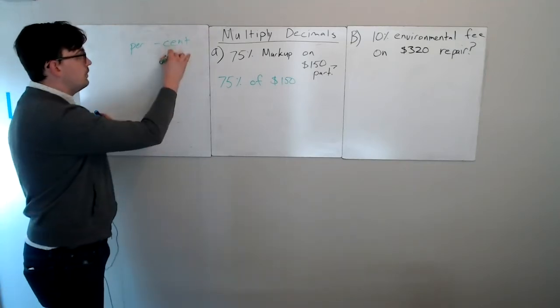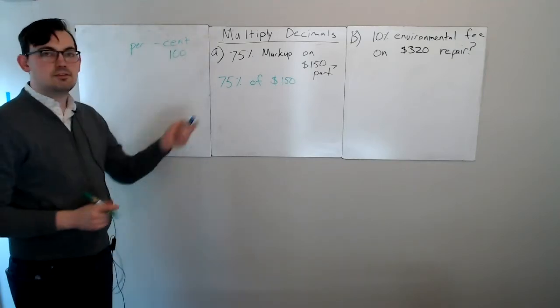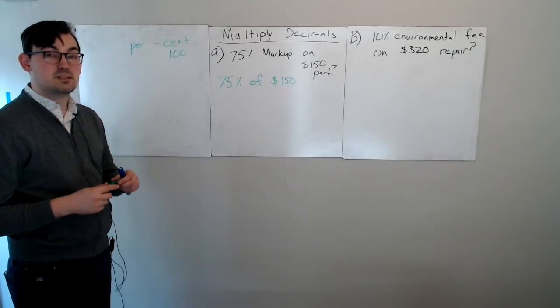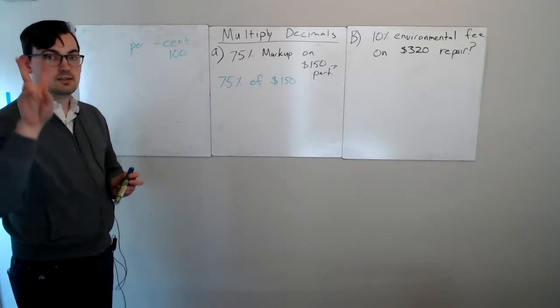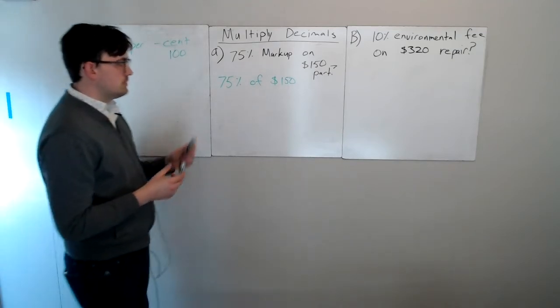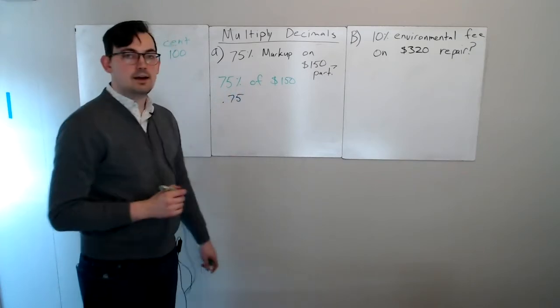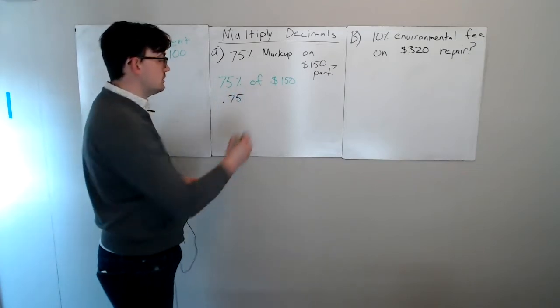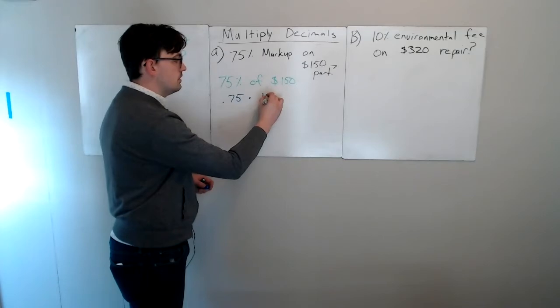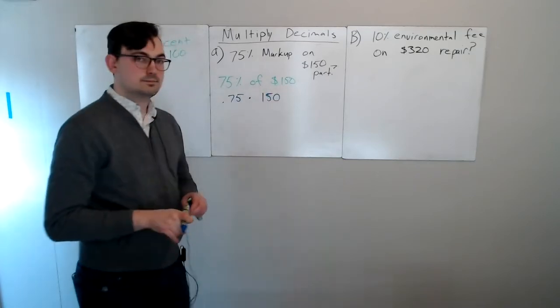So if we're talking per 100, we could say 75 out of 100, or we could put 2 decimal places. So 75% is also 0.75.